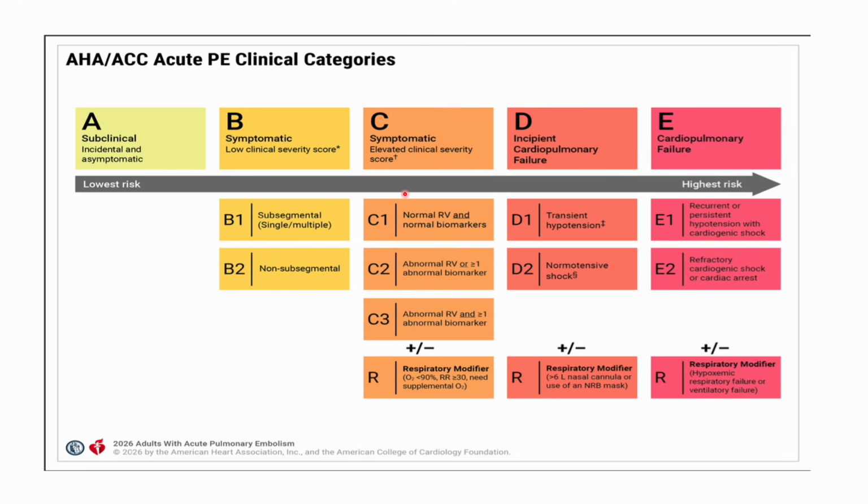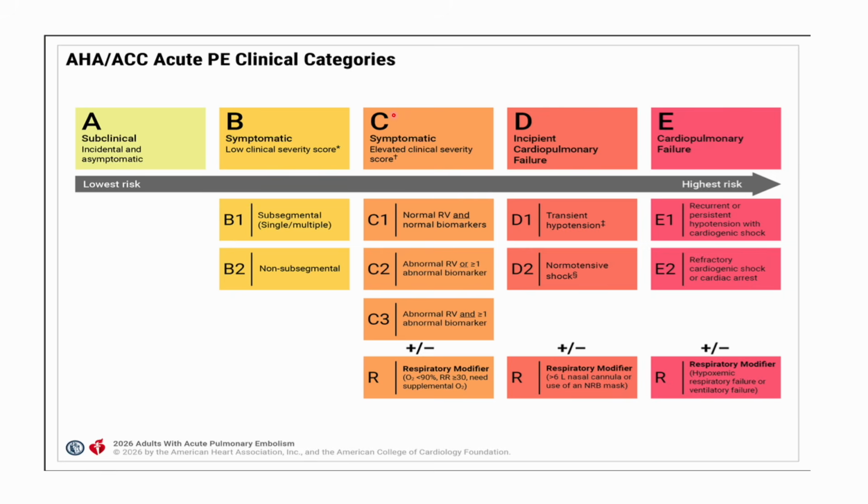When we move up the ladder and we reach symptomatic patients in category B and C, we see that while B patients still have a low clinical severity score, patients in C category have a high clinical severity score. So their PESI is more than 85, or their simplified PESI is more than 1, or their HESTIA is more than 1.